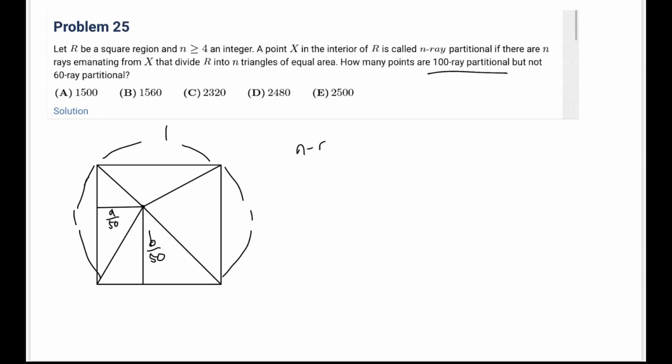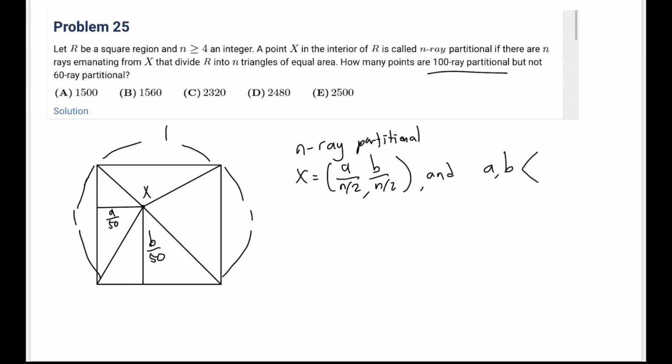So if it's n ray partitional, then the point x is of the form A over n divided by 2, comma, B over n divided by 2, where A and B are all less than n over 2.